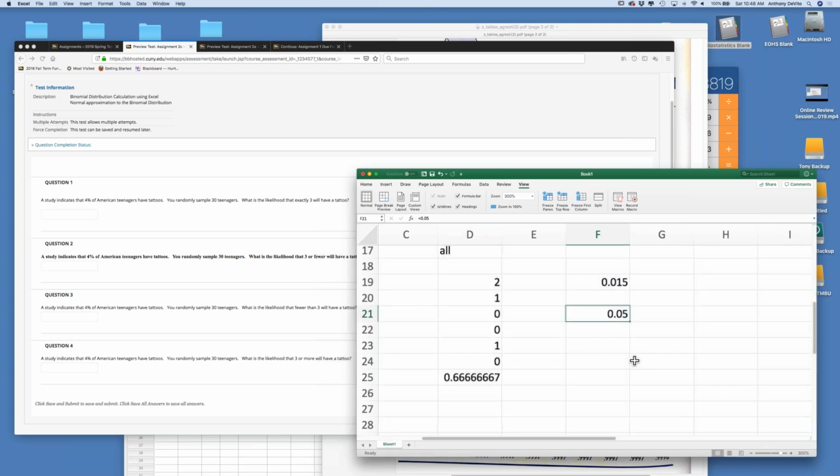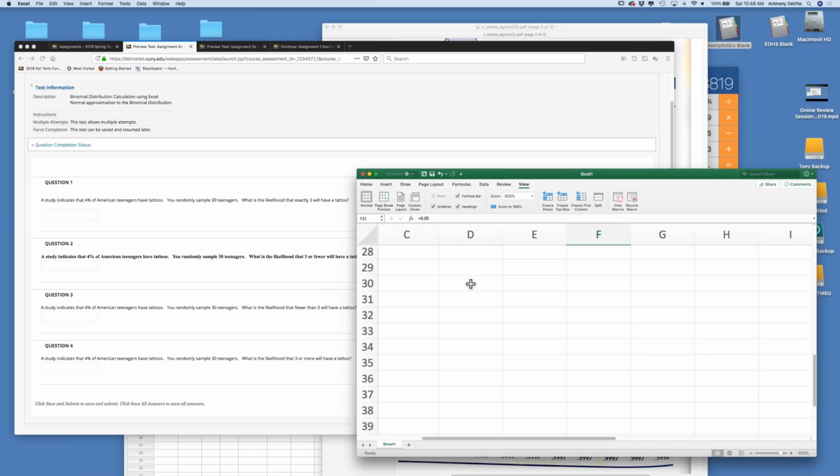Okay, now the only other thing that I think might come up, which might throw you a little bit of a curve, is something called the normal estimation of the binomial distribution.